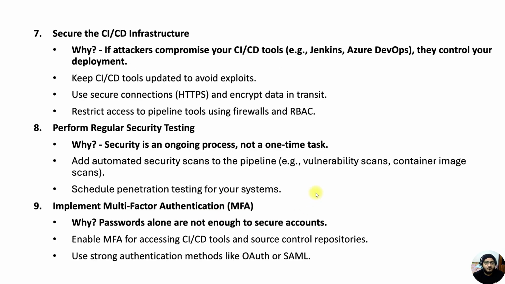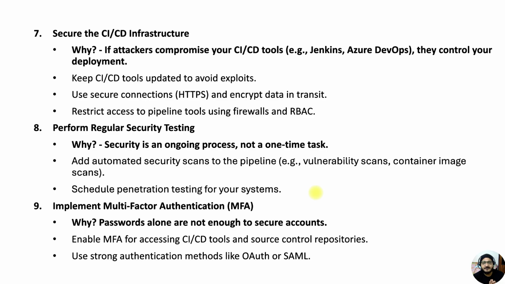Now let's see the seventh one: secure the CI/CD infrastructure. The infrastructure is also a very integral part, because the application will be deployed there, so that should also be secure. I'm not going to read all these things, because they're already there and you can read them. The eighth one is perform regular security testing.